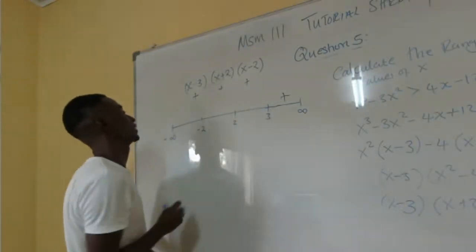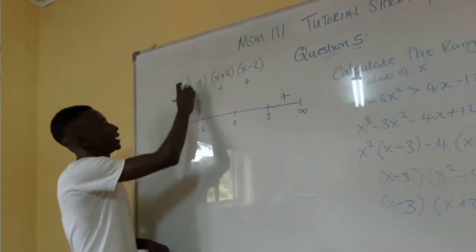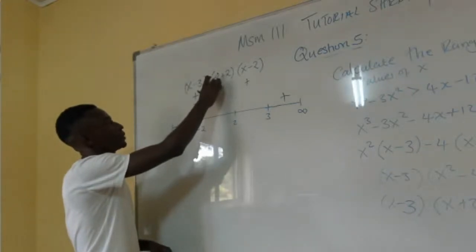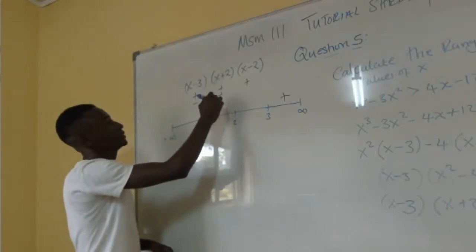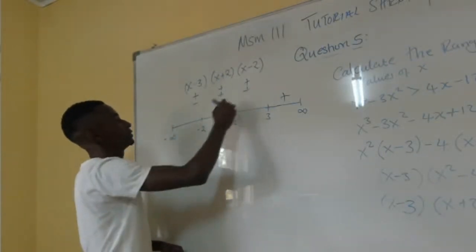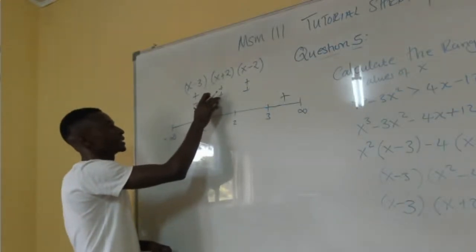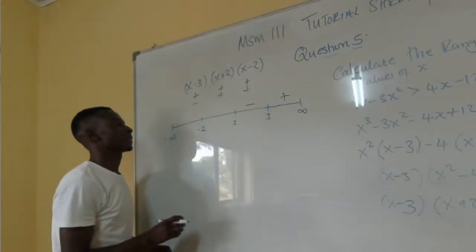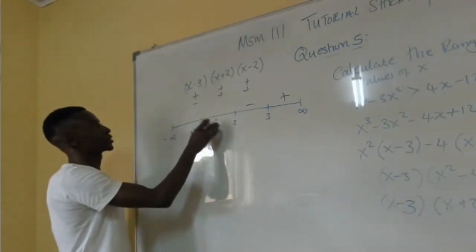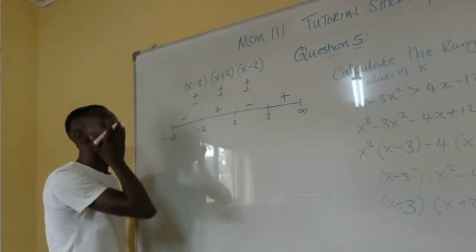If I put 2.5 there, we are having negative. I substitute 2.5 there, positive. I substitute 2.5 there, positive. So if I multiply negative times positive, it's negative. Times positive, it's negative. So if you test, this one will be positive, the other one will be negative.